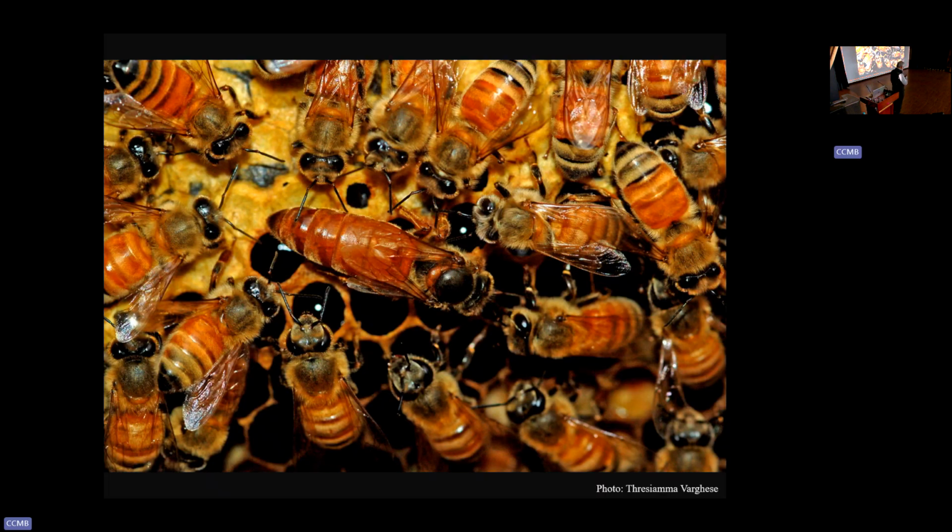This is a close-up of the queen bee and the workers. So a typical colony of honeybee will consist of one and only queen. She is a large, fertile, the only mated individual in the colony, and all eggs are laid by her. The rest of the colony consists of a small number of males whom we call drones.